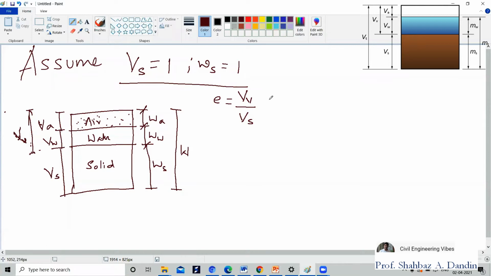Yes. The assumption we have taken is that volume of solids is equal to what? It is 1. The assumption we have taken, right? Can I write that e is equal to Vv? Can I write this?